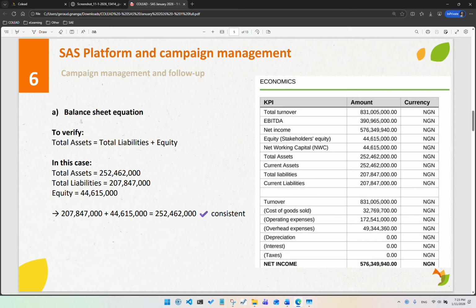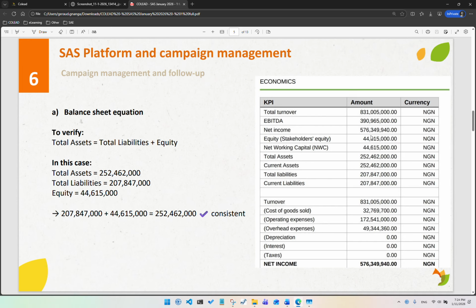In this example, assets amount to 252 million, liabilities, as you can see here, are up to 207, even a bit more than that, 7 millions here, and equity around 44 million, which is mathematically correct.